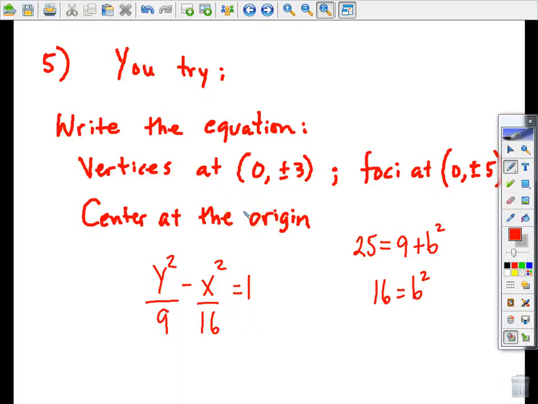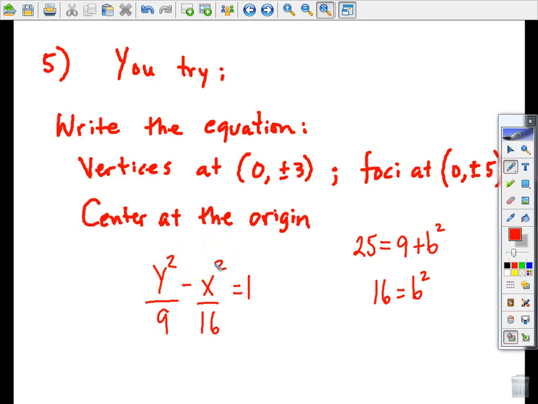Do you have any questions about it? Yeah? Which variable comes first? Which one goes first? Well, for hyperbolas, this is always a squared, and this is always b squared. They don't ever change. Okay, anybody else? How many of you switched x squared and y squared?